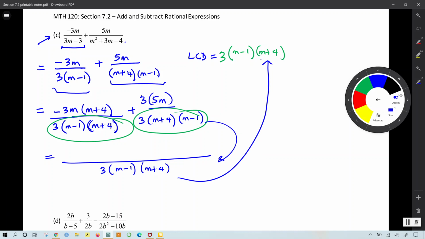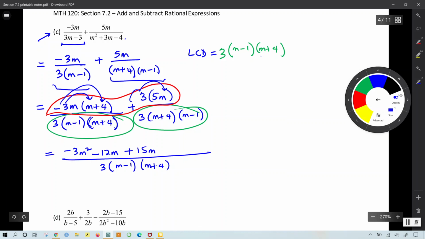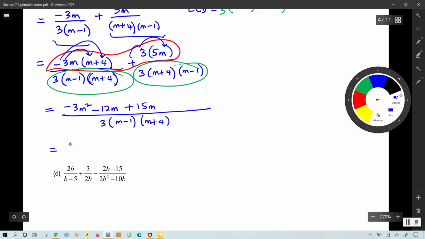So with that said, once the denominators match, our focus can strictly be on the top. And so we have negative 3m times m, negative 3m squared, negative 3m times plus 4, negative 12m, plus 3 times 5 will be plus 15m. And then we proceed to combine like terms.